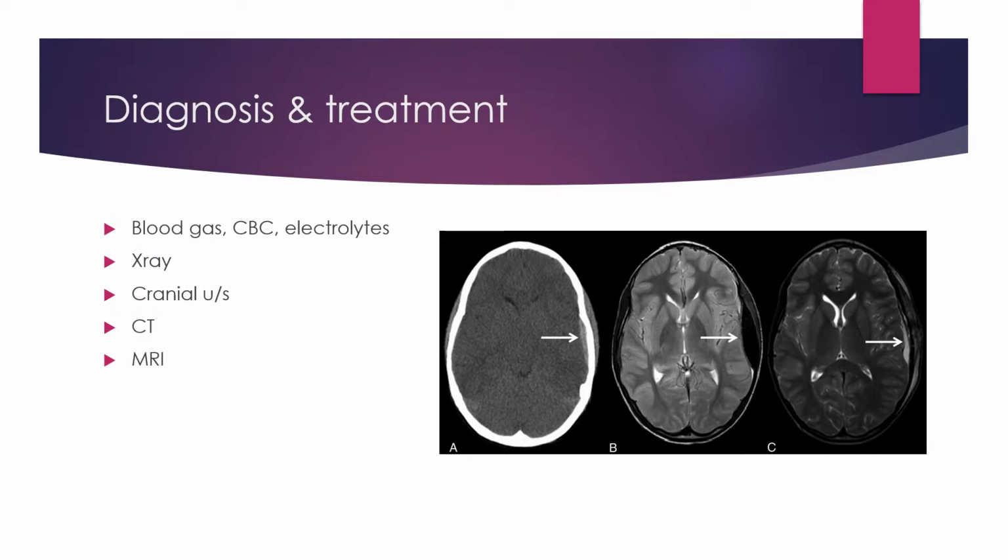So if they're having desaturations or apnea, you're going to want to give some respiratory support. If they're bradycardic or tachycardic, you're going to want to assess for that and support those things as well. So stabilization first.